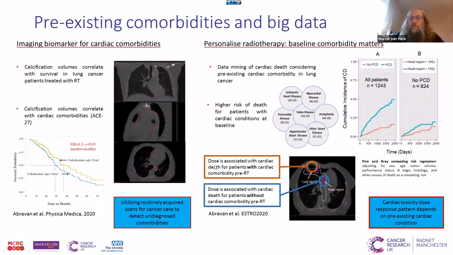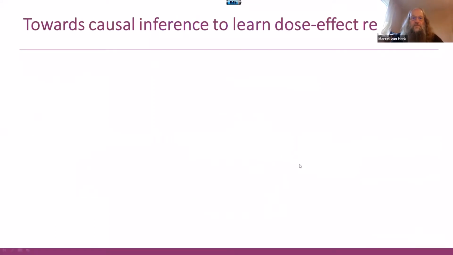And if you use that marker of comorbidity and/or data from hospital episode statistics, you can look at the incidence of cardiac disease after radiotherapy as a function of time. Interestingly, it showed that patients that had cardiac disease before radiotherapy were actually less sensitive than patients that did not have cardiac disease. And so there are very, very complex interactions which may be related to medications that the patients are on, and that's obviously very interesting to investigate.